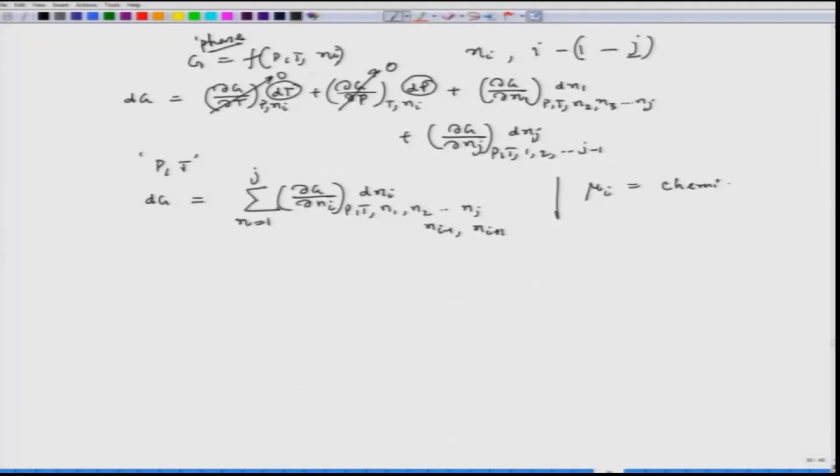So, this mu is called the chemical potential of the ith component in that phase.